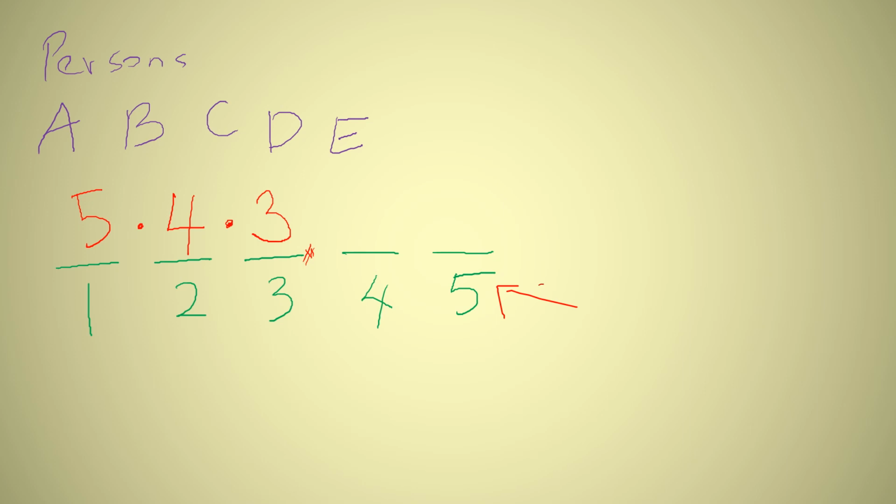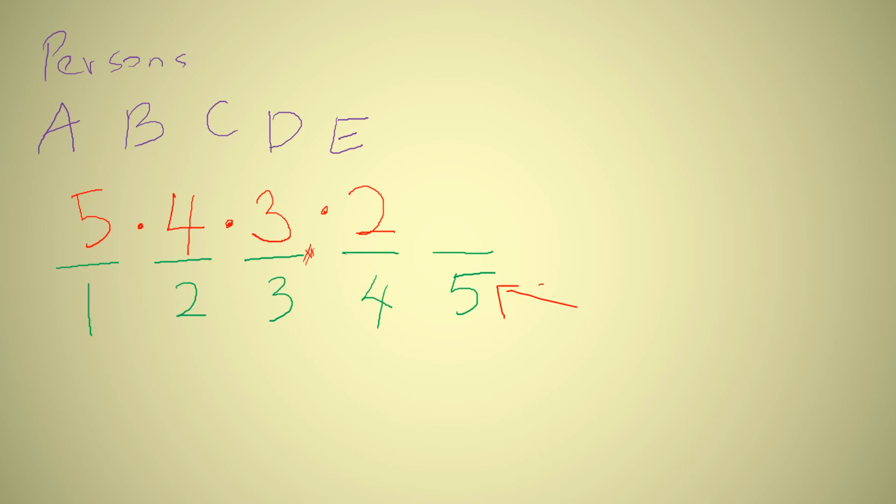How many people are left for seat 4? Well, 2 people haven't sat down yet, so there are 2 possibilities here. So now there is 5 times 4 times 3 times 2 scenarios of seating the first 4 seats.